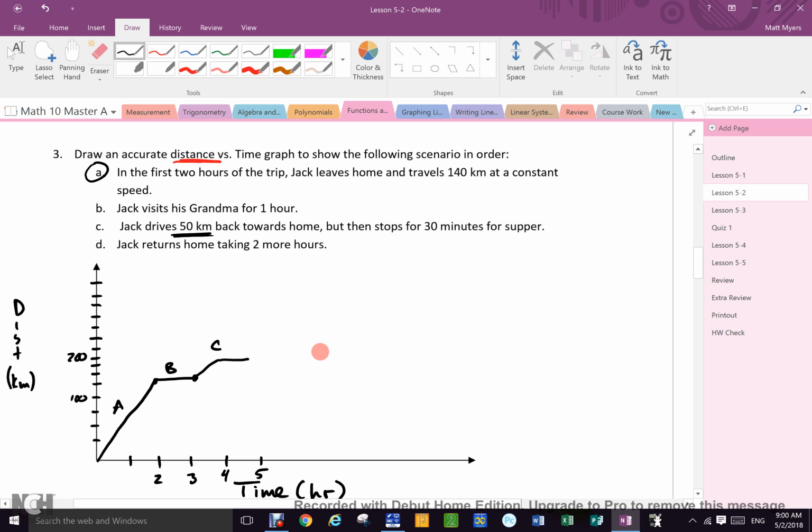Is it the same distance? No, because he's already covered 50K, hasn't he? So this line will be steeper, the same, or less steep? Less steep. Same amount of time, but less distance.